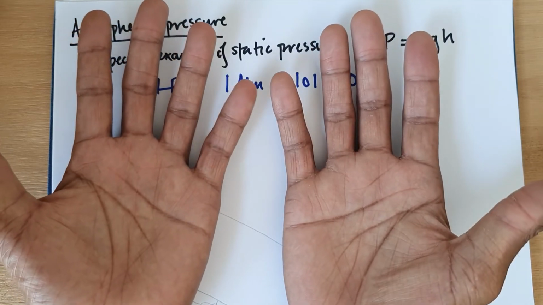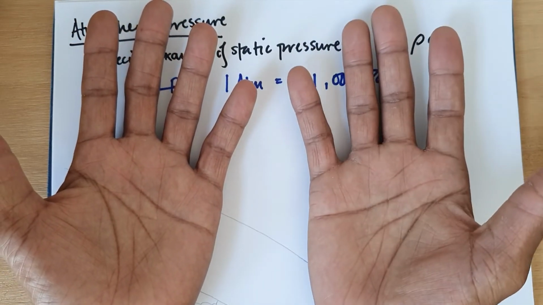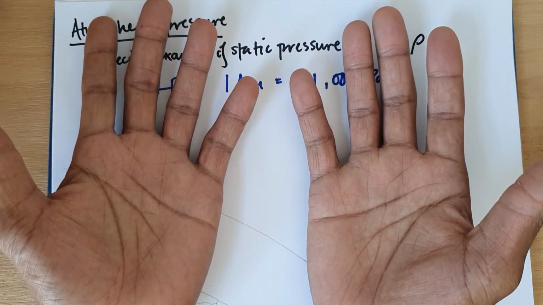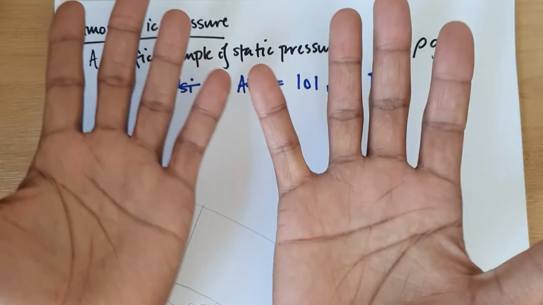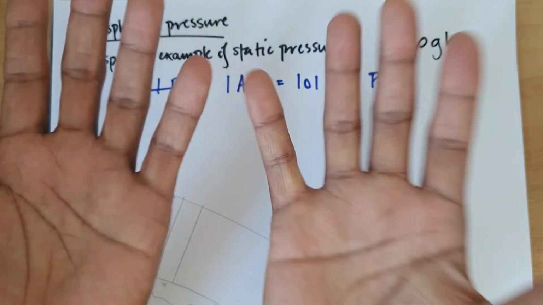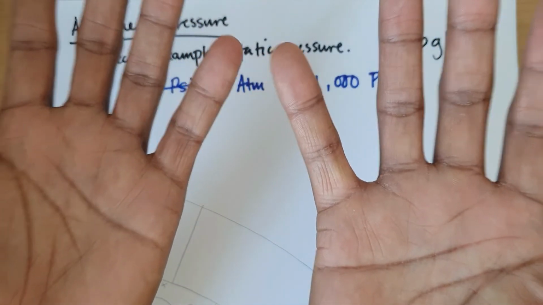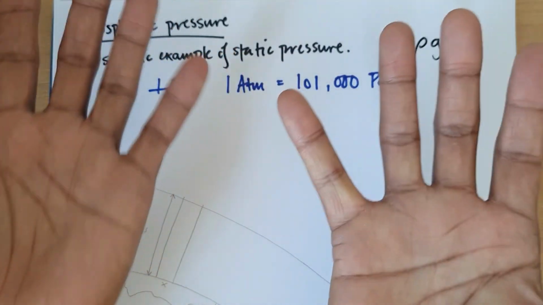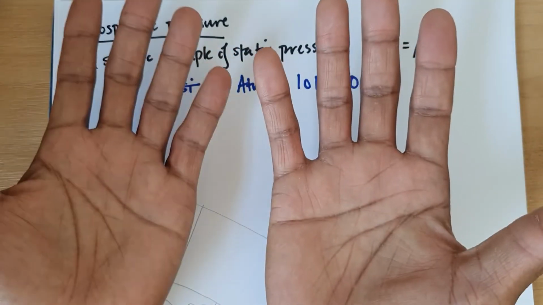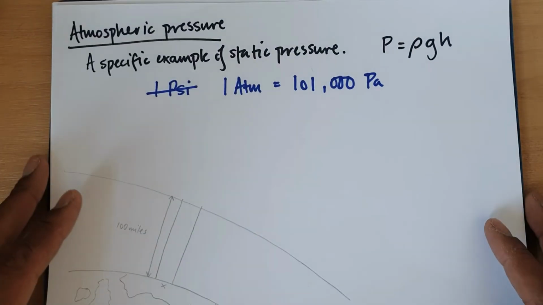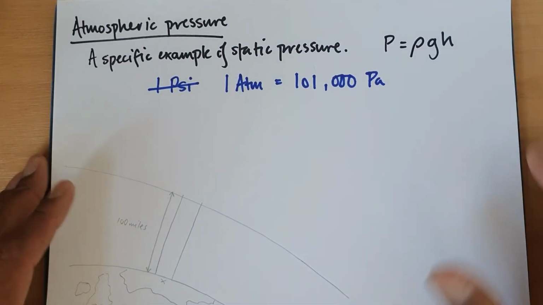So it's like I'm carrying one Mr. Breckenridge on this hand and one Mr. Breckenridge on that hand. Now, that might sound a little bit silly. It doesn't feel like there's loads of weight on your hands. The only reason it doesn't feel like that is because the atmosphere is pushing on the back as well, and that means that it generally balances out.